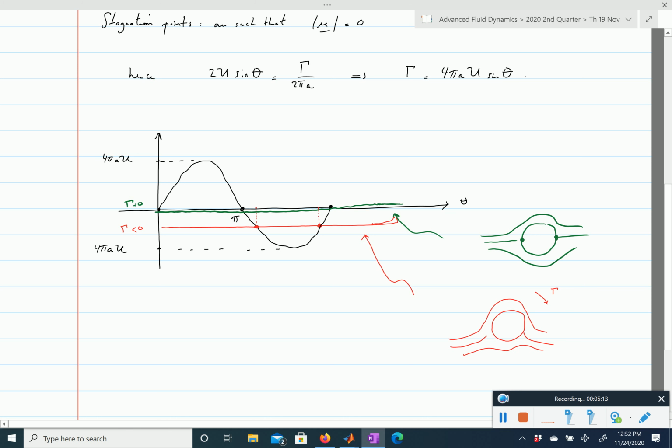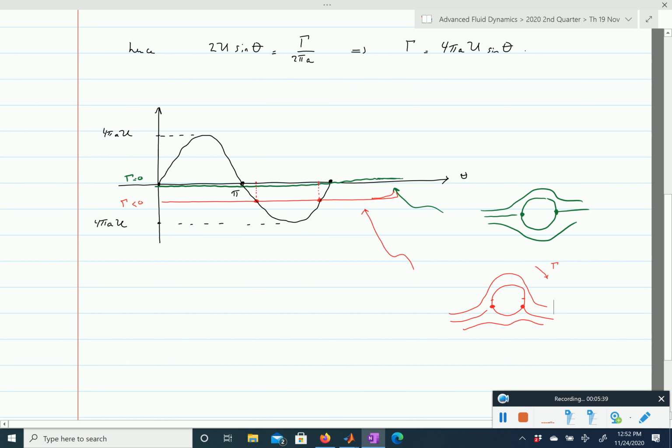Indeed, you find that you have one stagnation point at an angle theta slightly larger than pi, where this is 0 and this is pi, and another stagnation point here, for a value of theta slightly smaller than 2 pi.